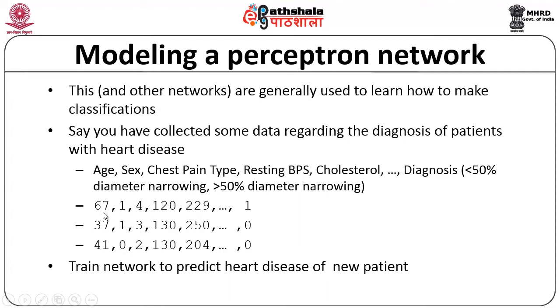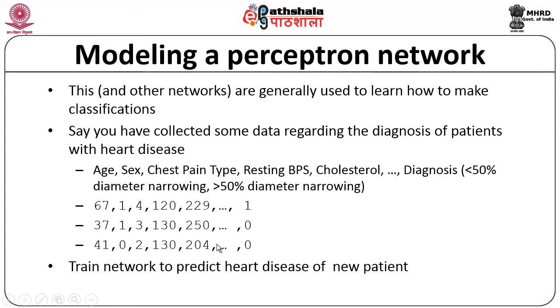For example, 67 may indicate the age, 1 indicates male sex, chest pain type is, say, 4, then resting BPS is say 120, the cholesterol level is 229 and so on, and finally the patient has been diagnosed to have a heart disease.